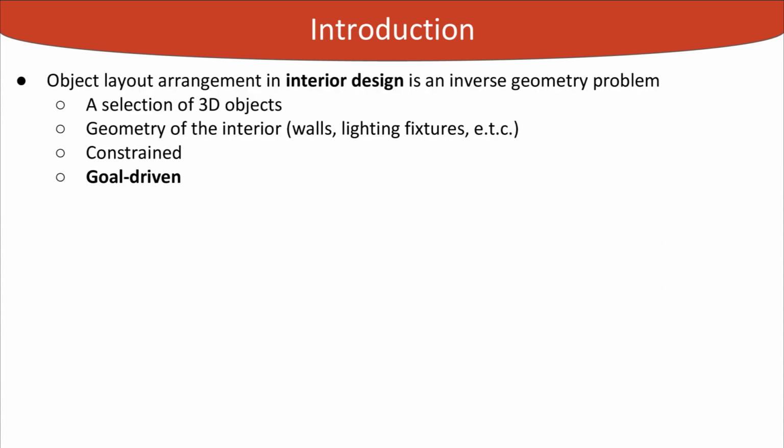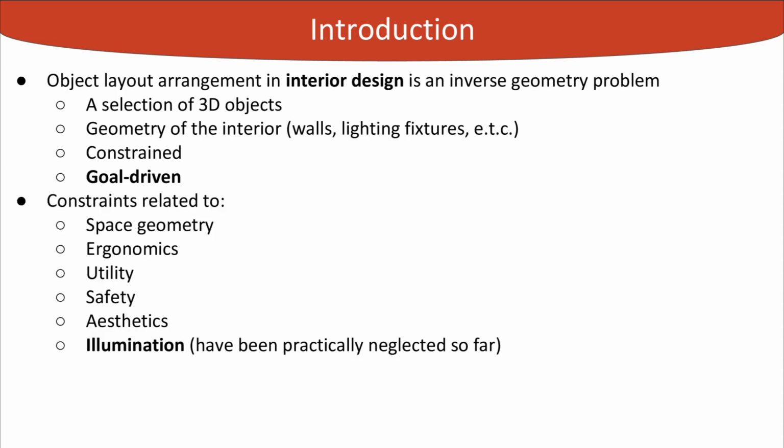Furniture layout falls under the general category of inverse geometry problems. In these types of problems, we want to optimize geometry via parametric or direct manipulation driven by specific constraints and goals. Interior design specifically combines a selection of 3D objects, the geometry of the space to be populated, and a particular set of constraints and goals.